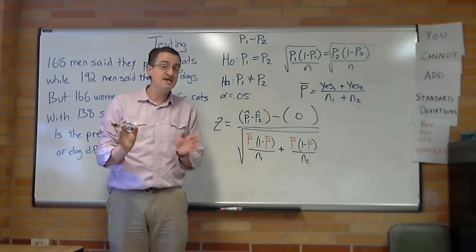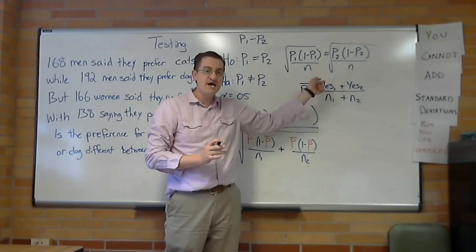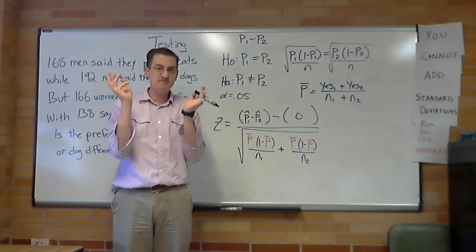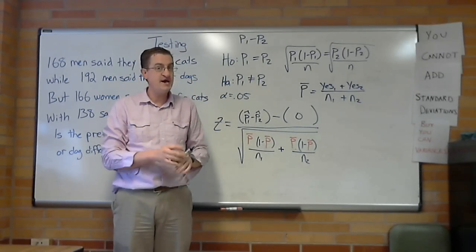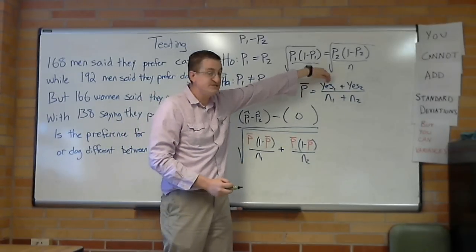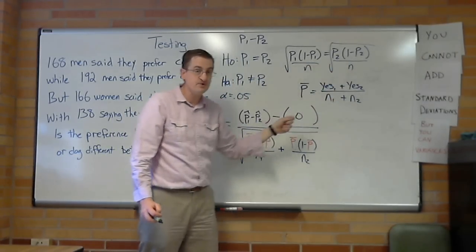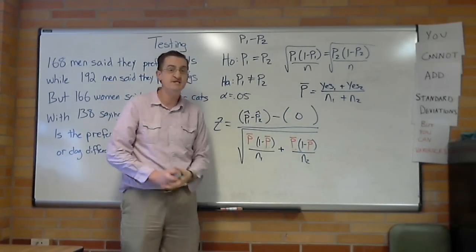That is not the same as adding fractions. Adding fractions, you can't just add the numerators and add the denominators. Your math teacher would have a heart attack. Get common denominators. It's not what we're doing here. We are pooling fractions, not adding fractions. Pooling fractions means I take how many yeses for both groups divided by the total for both groups. And this p-bar shows up 4 different times in the equation.